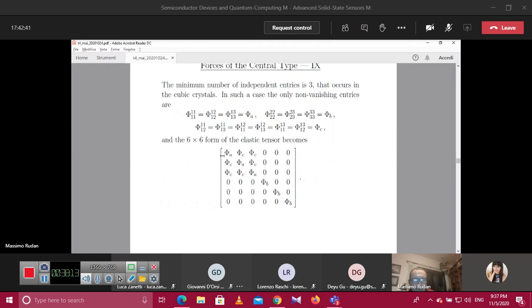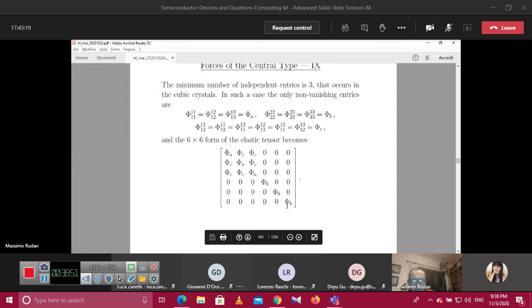So eventually, the 6 by 6 elastic tensor becomes a tensor in which we have a 3 by 3 block whose diagonal elements are equal to each other. Call them phi A. And the non-diagonal elements are also equal to each other but different from the diagonal ones, so we call them phi C.